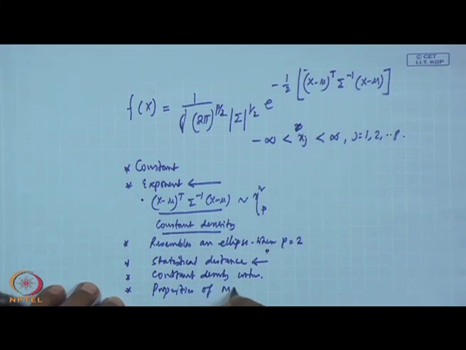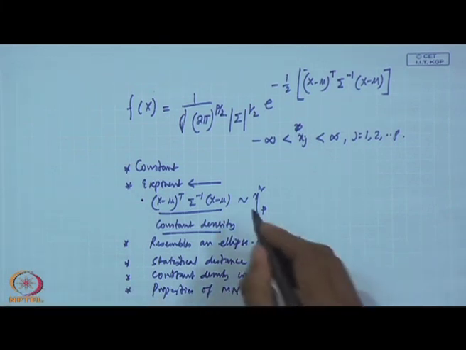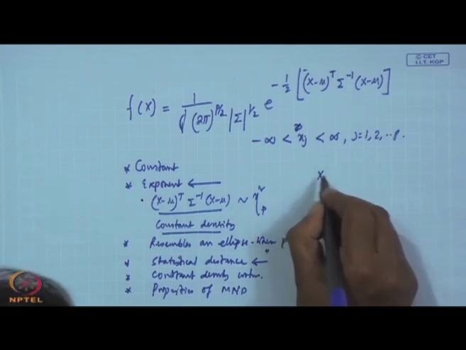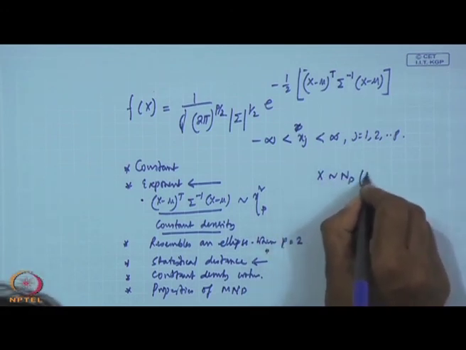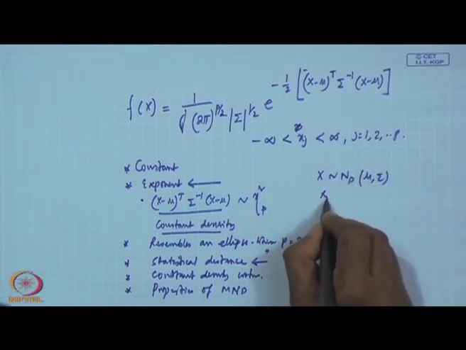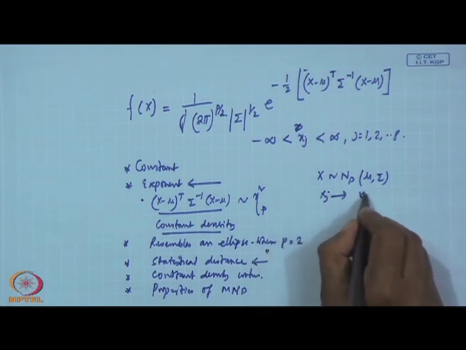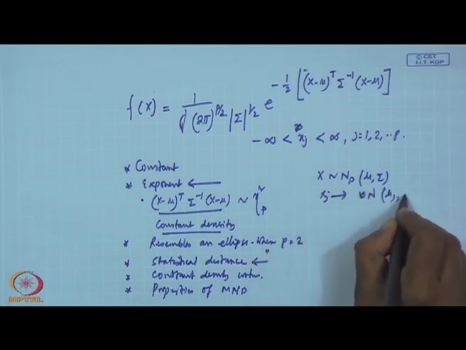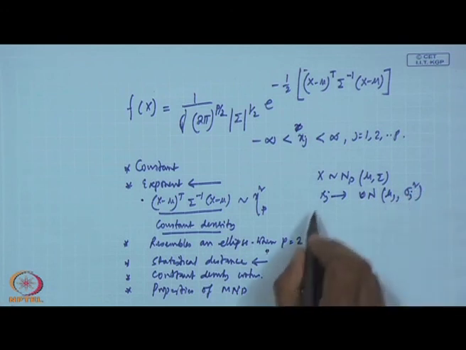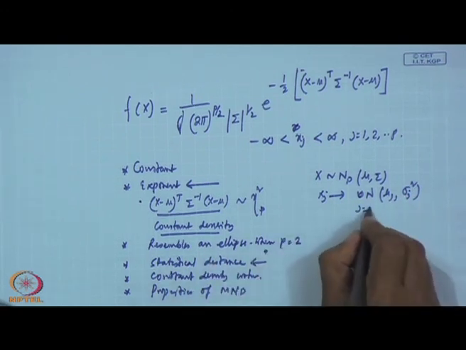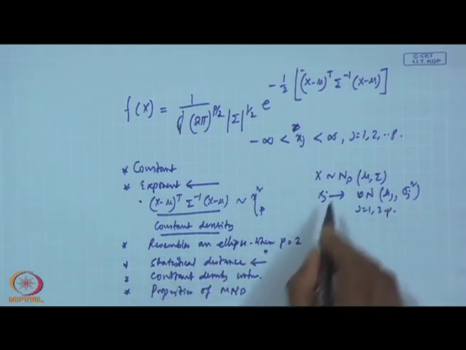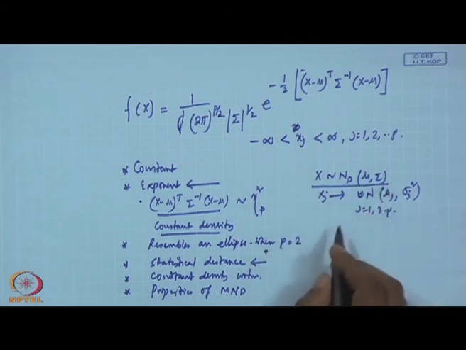Properties of MND: if x is multivariate normal, then x_j will be univariate normal, that we have seen, j equal to 1 to p. If x is multivariate normal, a subset will also be multivariate normal.